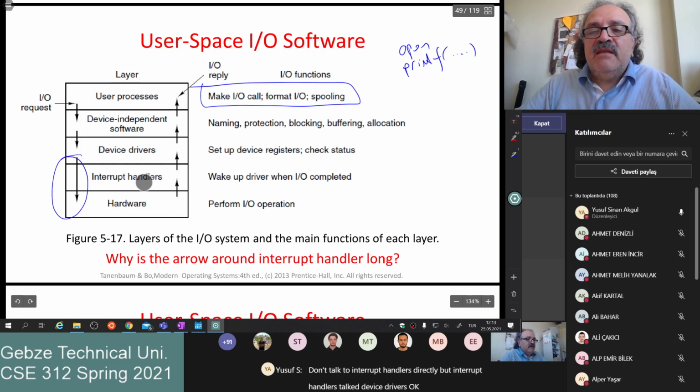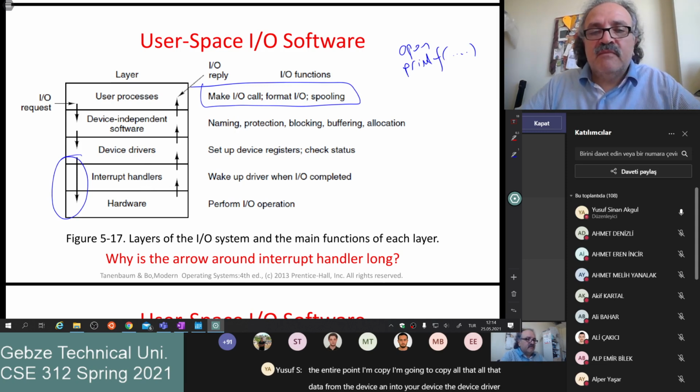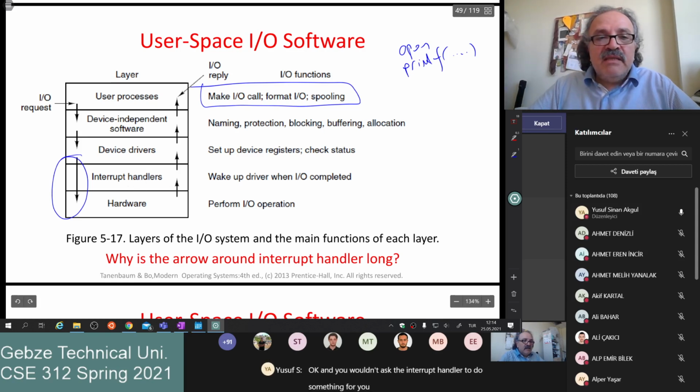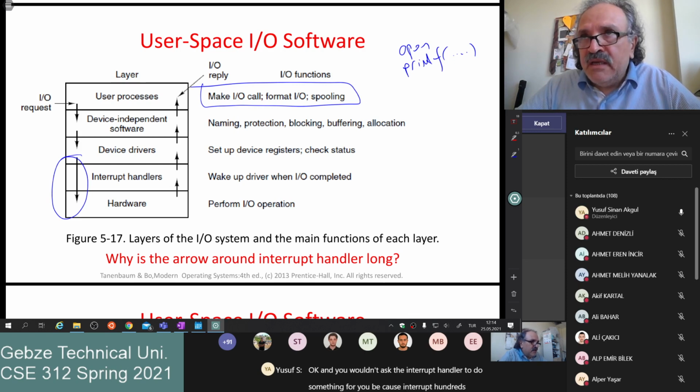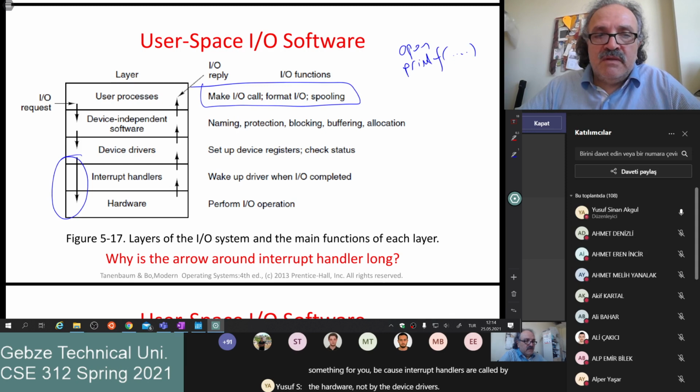Interrupt handler says that an interrupt happened, I am going to copy all that data from the device into your device driver buffer. And you wouldn't ask the interrupt handler to do something for you because interrupt handlers are called by the hardware, not by the device drivers.